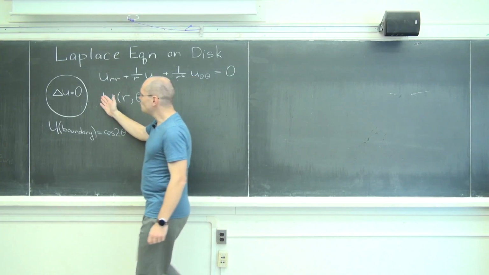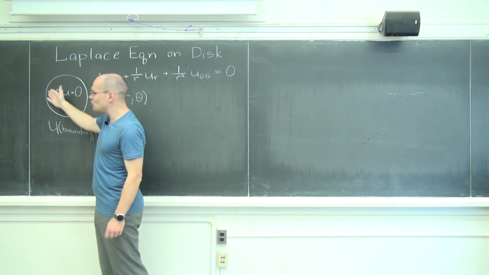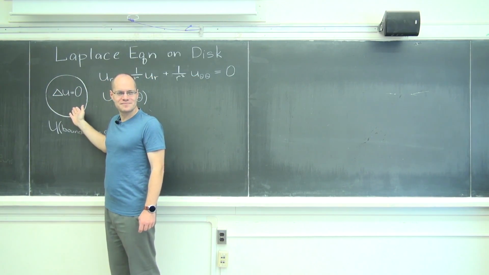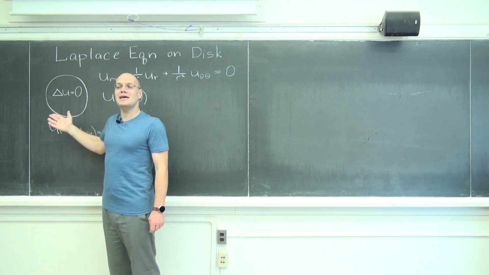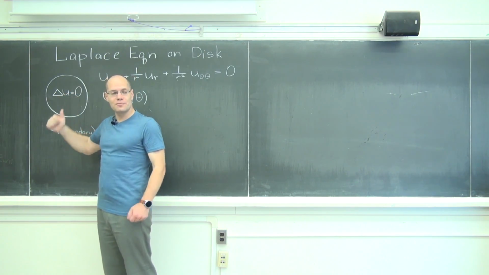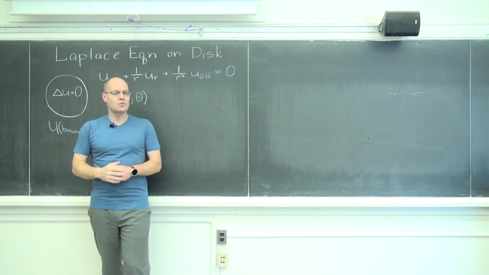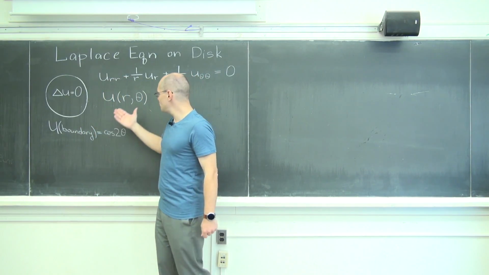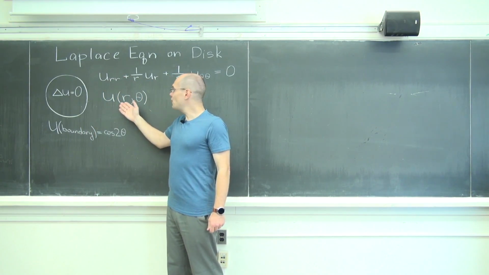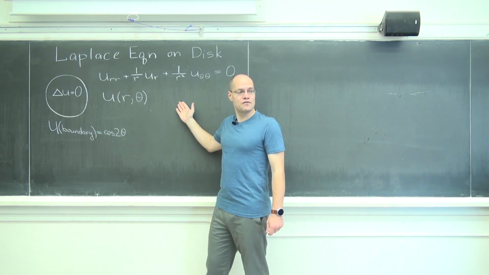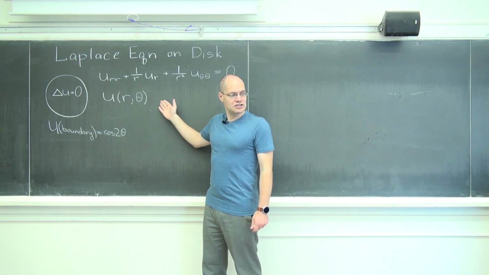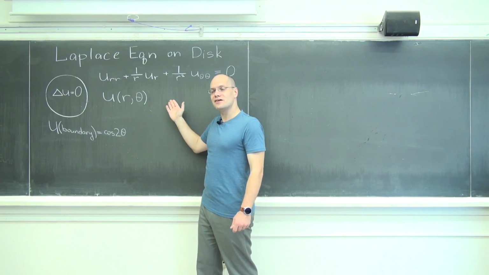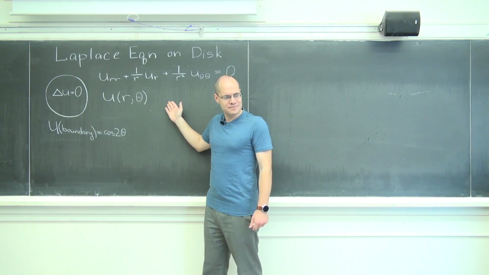Well, here, because this shape is so beautifully symmetric, we will be able to separate r from theta. We will be able to represent the function of r and theta as a product of 2 functions. One, a function strictly of r, and another, a function strictly of theta.